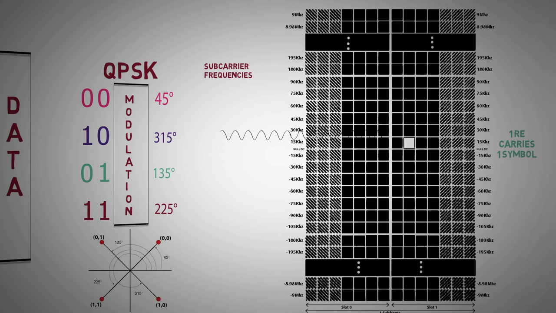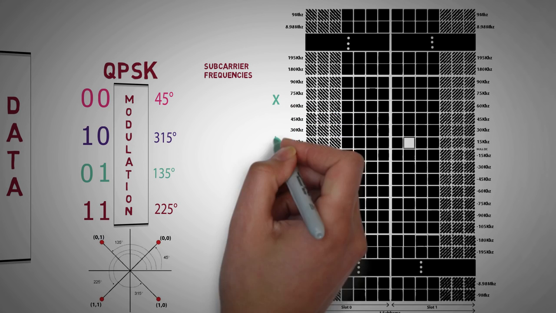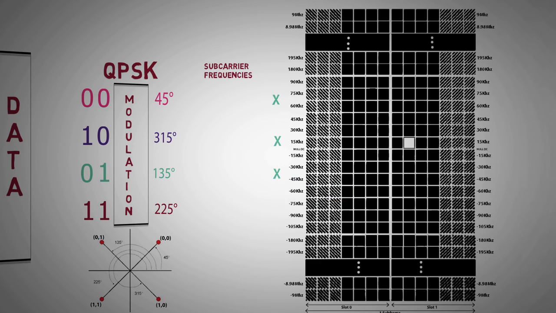Finally, data is placed over the resource elements by adjusting the phase and amplitude of the subcarrier to those derived for the data stream. Mathematically, it means multiplying the complex modulation symbol to the corresponding subcarrier frequency.